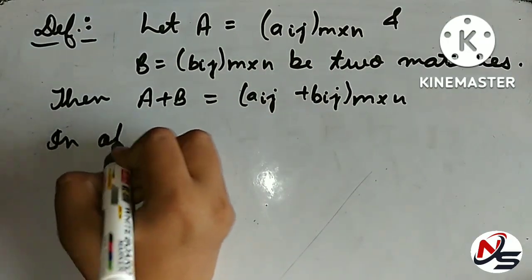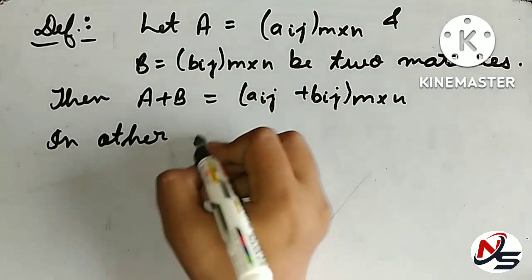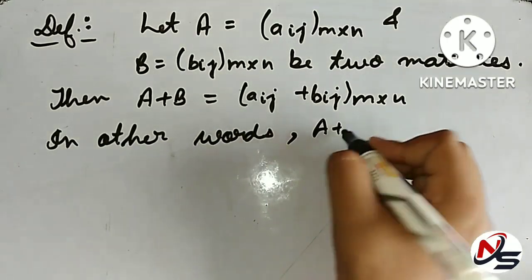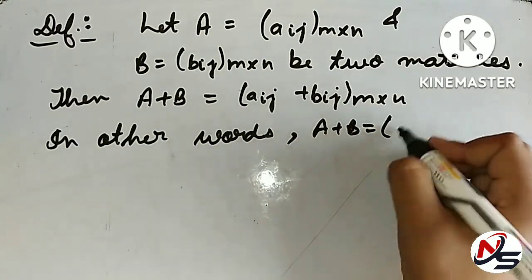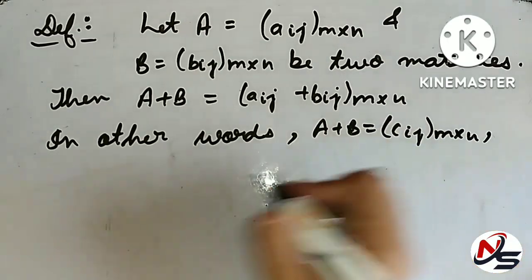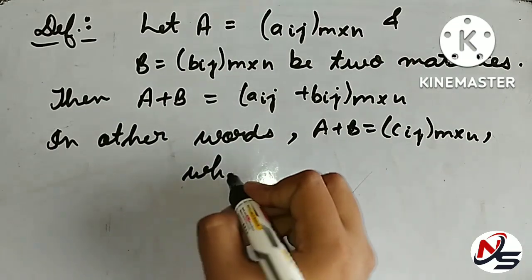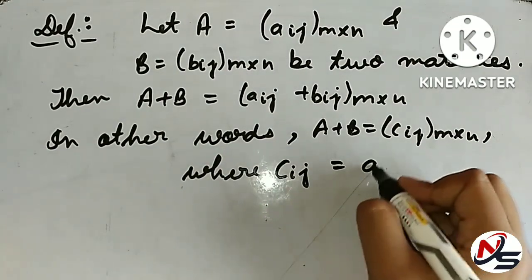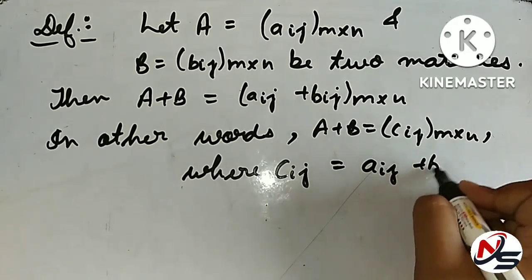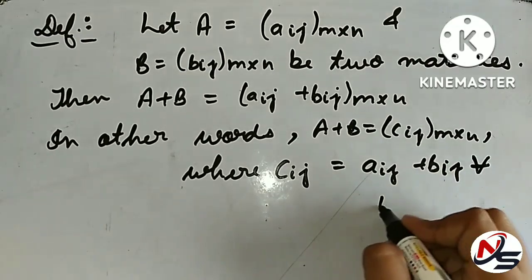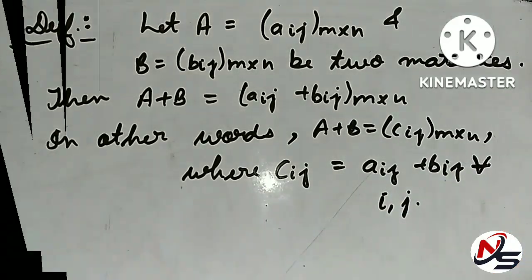In other words, A plus B equal to (Cij) m cross n, where Cij equal to Aij plus Bij for every i, j.